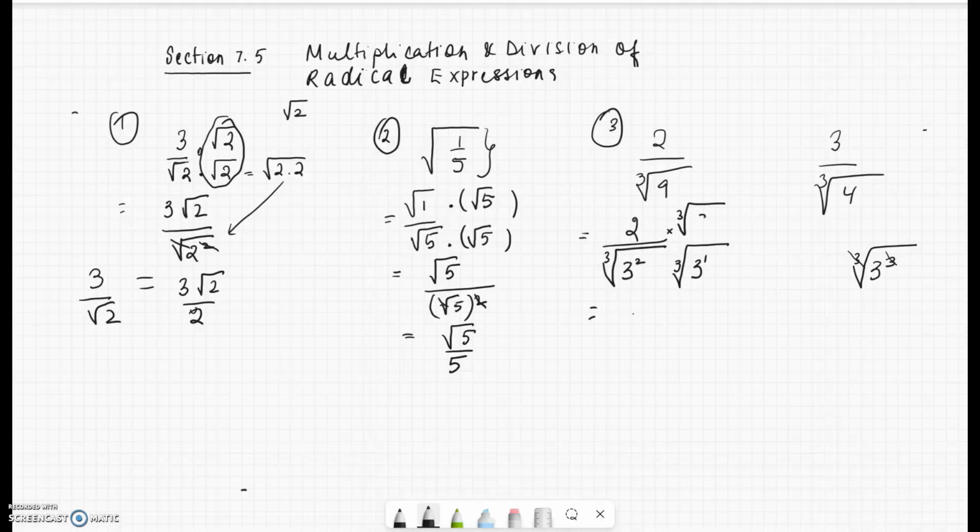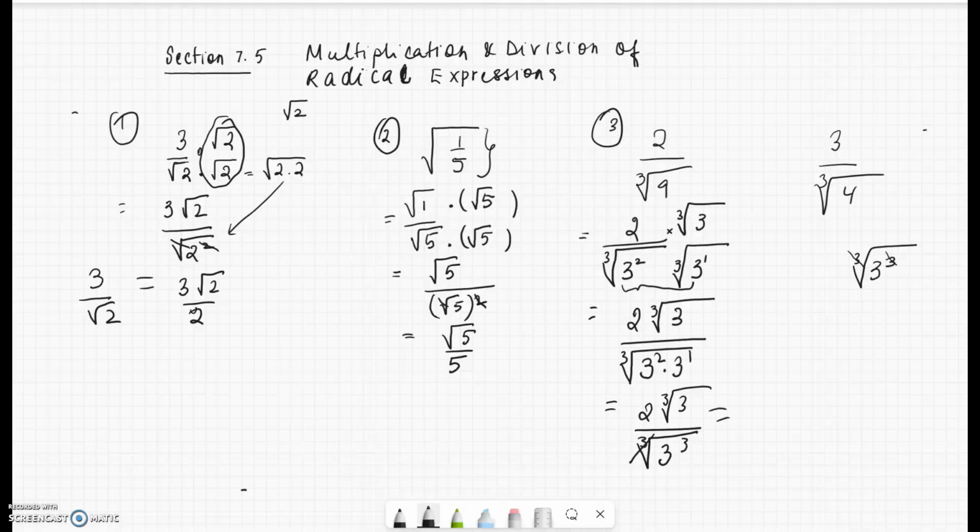So I have 2 times the cube root of 3 over, we're going to combine these two, and that's going to give me 3 squared times 3 to the 1, and that was the whole point. I needed a 3 cubed inside. So 2 cube root of 3 over the cube root of 3 squared times 3, that is 3 cubed.